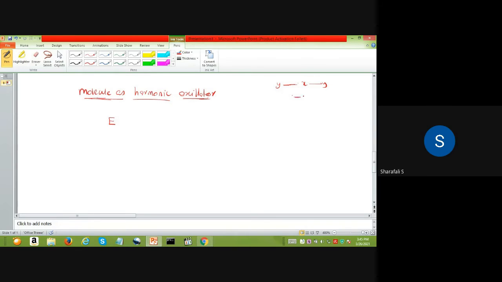Both will come close to this central atom at the same time. Both will go away from it at the same time. So that is symmetric stretching.